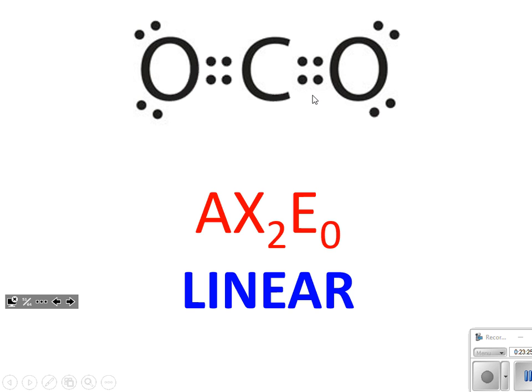So how am I going to draw this? Just simply like that. We can put this all on the same plane. So you would just simply draw carbon with oxygens. Now, if it's me drawing this, because if I would draw it like this, what would you think?